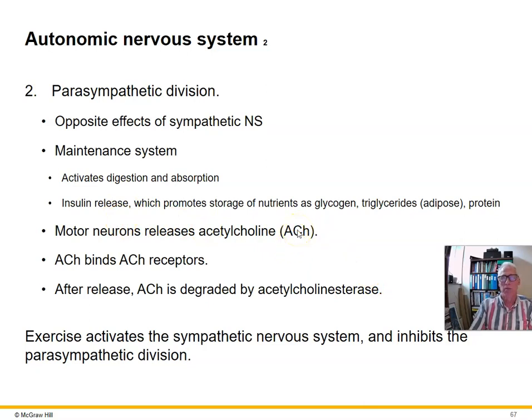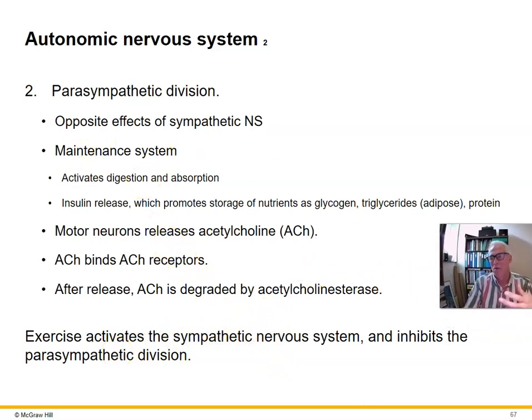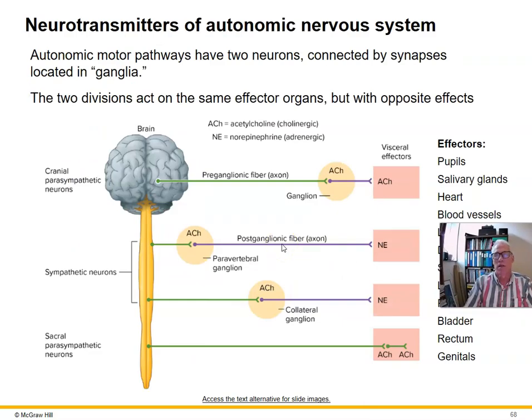Acetylcholine is the neurotransmitter of the parasympathetic nervous system. So its neurons, where they synapse on their target organs, release acetylcholine instead of norepinephrine. Exercise inhibits the parasympathetic division and activates the sympathetic division. So we don't want to be doing storage. We want to be releasing or mobilizing fuels for exercise.